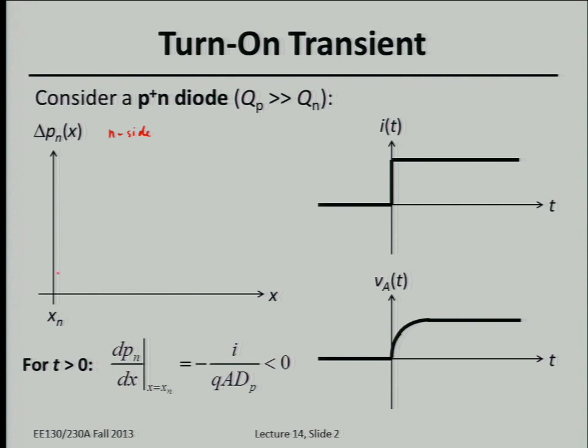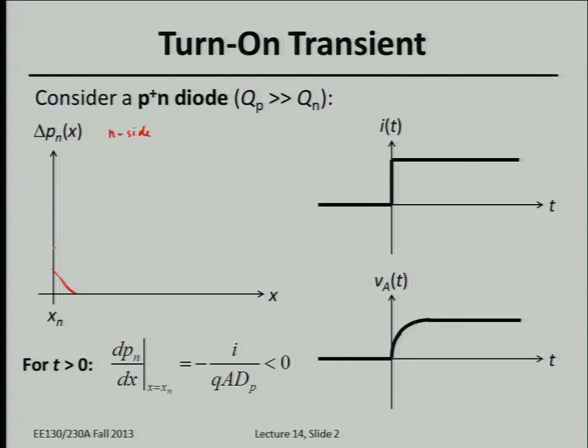Over time, when the circuit in which the diode is connected first starts to flow forward current, applying a positive bias voltage and flowing current into the diode, that's going to cause charge to build up.